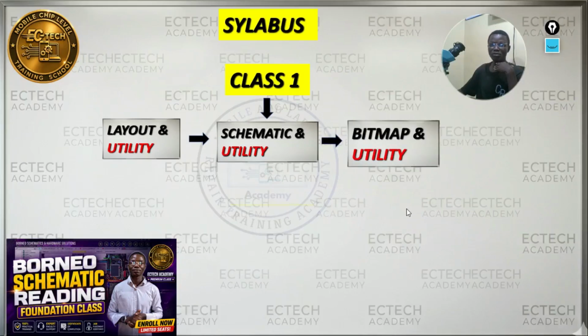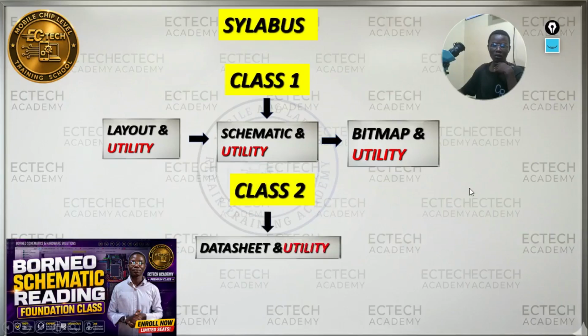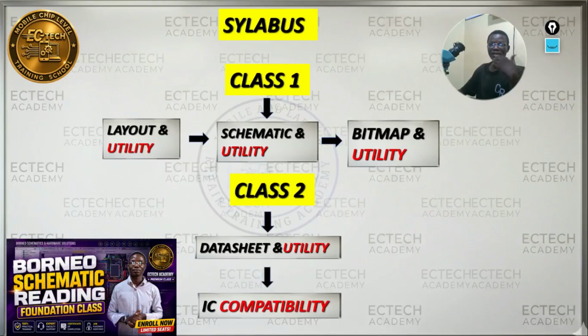So for the class 2, we're going to cover what we call data sheet and its utility. Okay, so also the IC compatibility. There is one aspect on schematics we call IC, to search for IC compatibility.